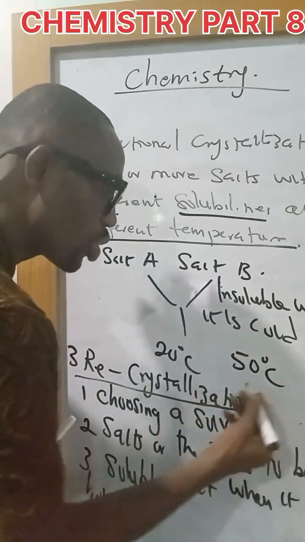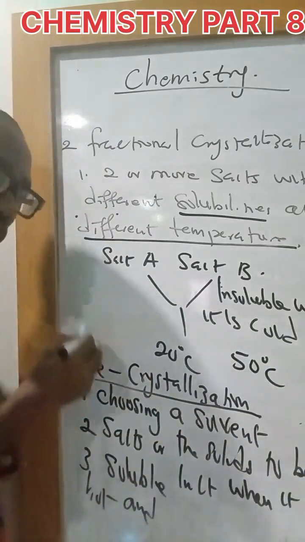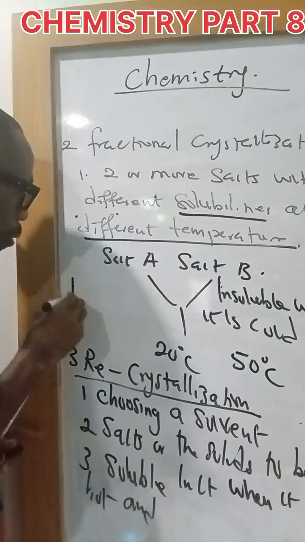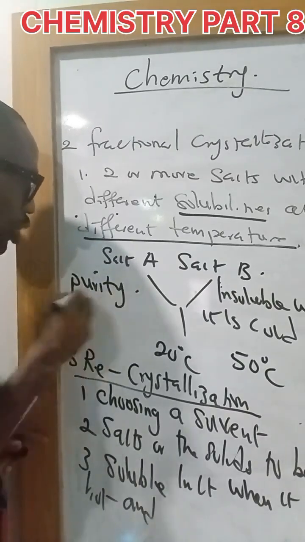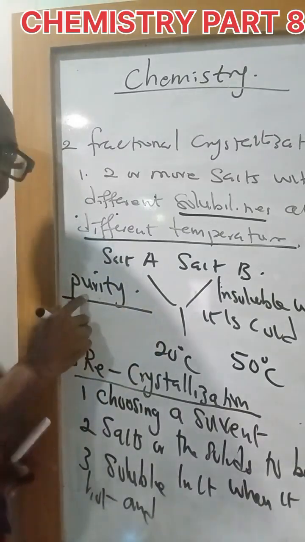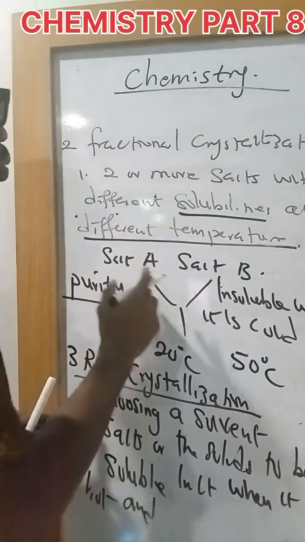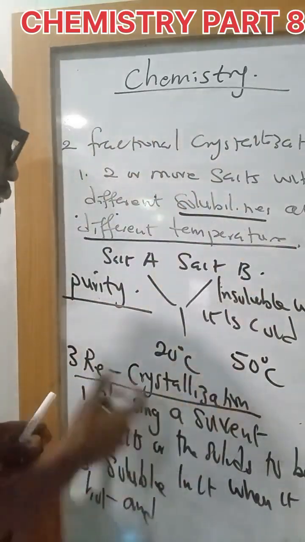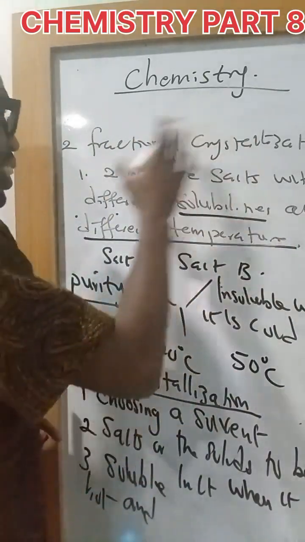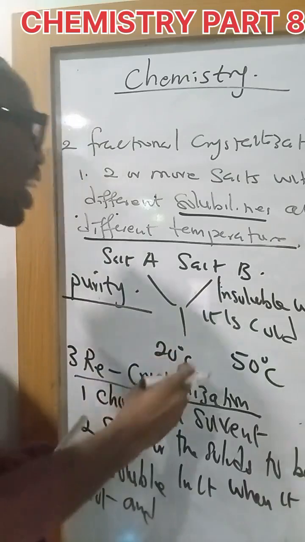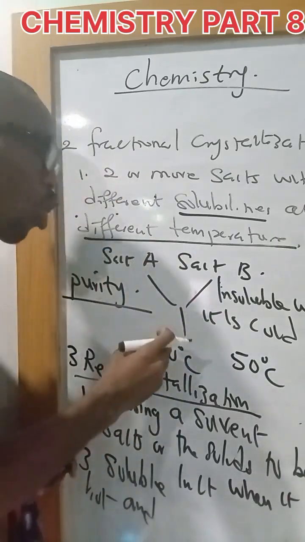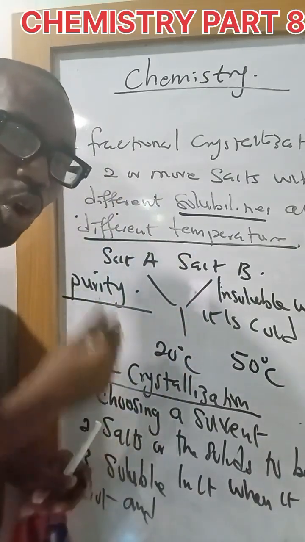The very essence is so that you can obtain salt of a purer form or higher purity. And mind you, both fractional crystallization and recrystallization are carried out to obtain a very pure form of that solid or salt.